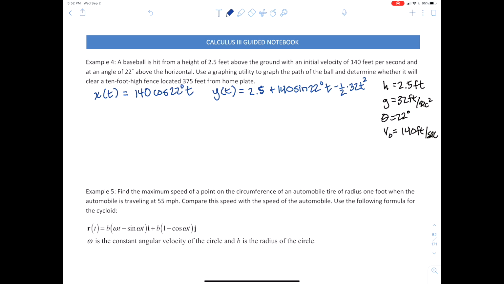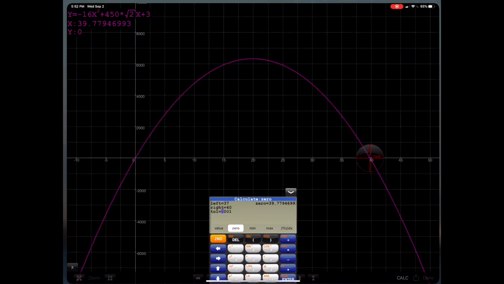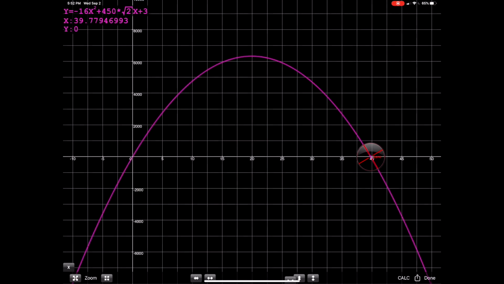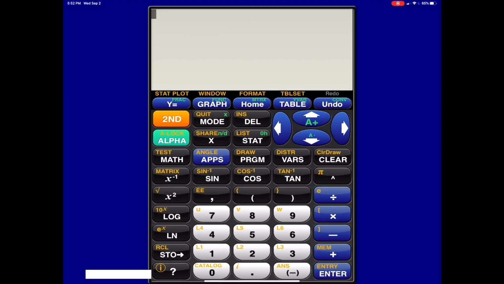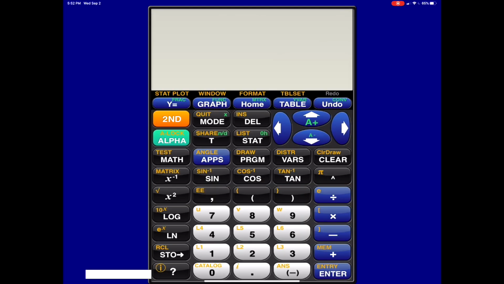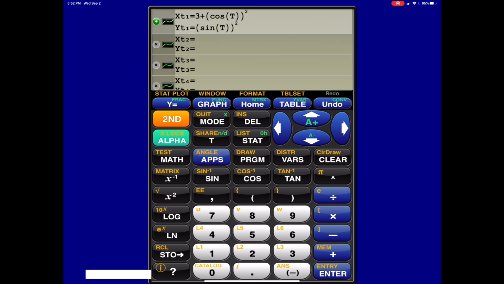Let's go ahead and use the parametric form to graph this. So I'm going to go into parametric, and we want to make sure that we're in degrees. So mode, degrees, and then parametric, done. So now when I do my y equals, I've got x at t and y at t. So what was x at t?